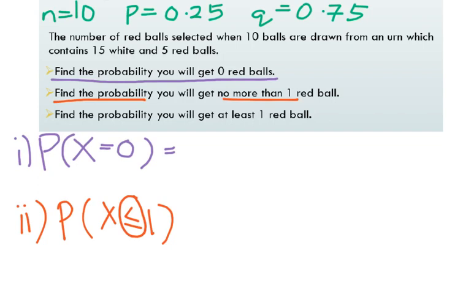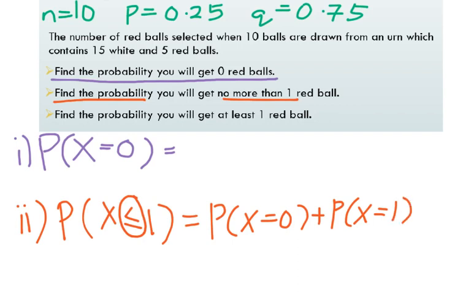So whatever we want to find, the probability is the probability of x equals 0 plus the probability of x equals 1. Because 1 is included, 1 also will be added here. So we need to apply the formula to both values of x.